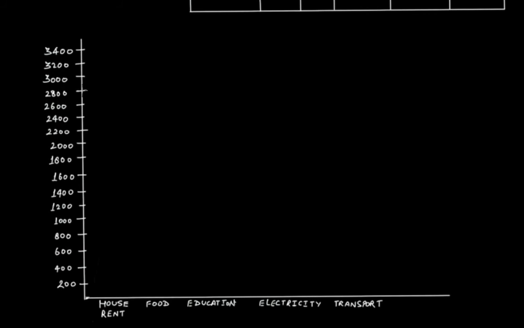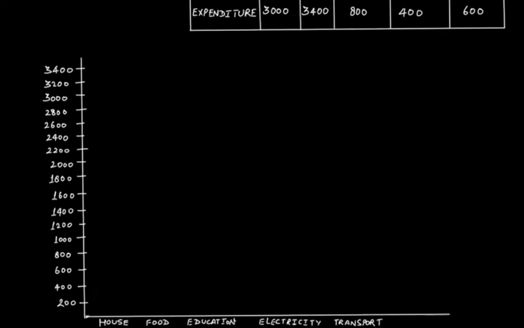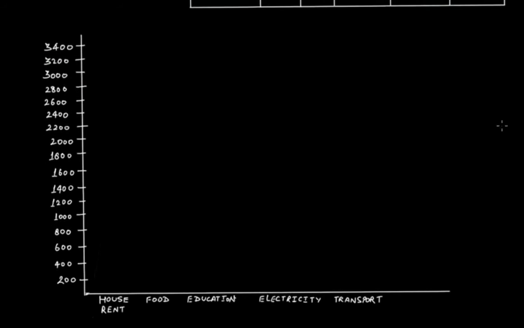So this is the vertical line, and on the vertical line we have plotted these numbers that are showing expenditure, and on the horizontal line we have the items list.